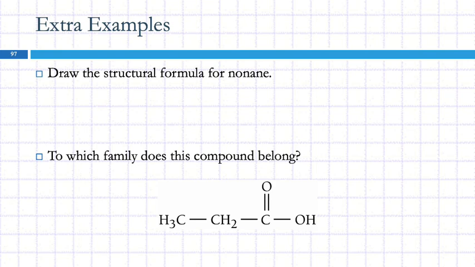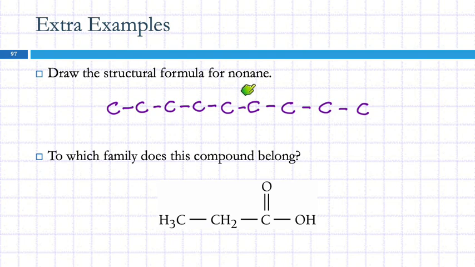So what should you be able to do? Something like this. Draw the structural formula for nonane. Well, non means how many carbons? 9 carbons. Okay. 1, 2, 3, 4, 5, 6, 7, 8, 9. That's the kind of math you do in OChem. It's a lot of counting.